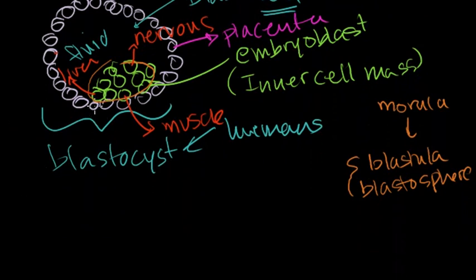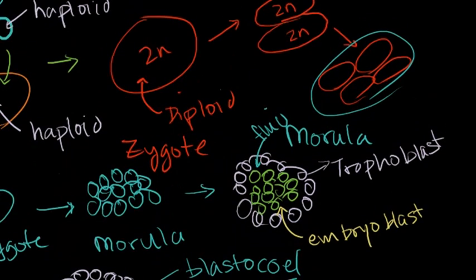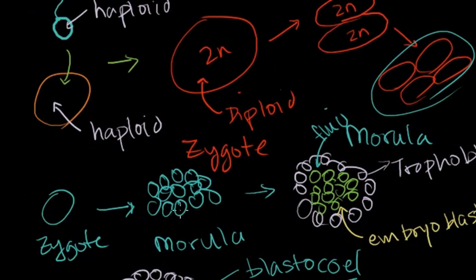So if I were to just take one of these cells, and just to introduce you to another term, as soon as we have this zygote here, as soon as it starts dividing, each of these cells is called a blastomere. And you're probably wondering, Sal, why does this word blast keep appearing in these embryology videos, these development videos?